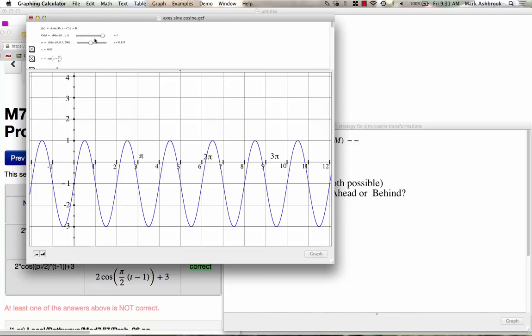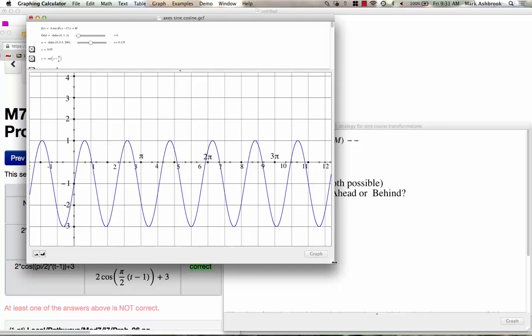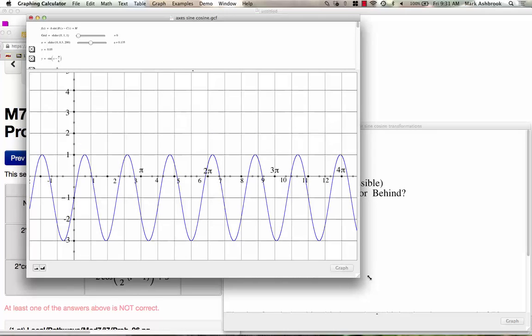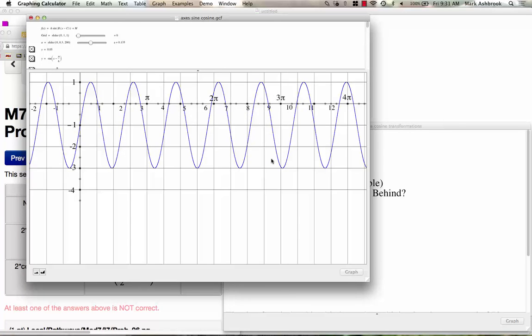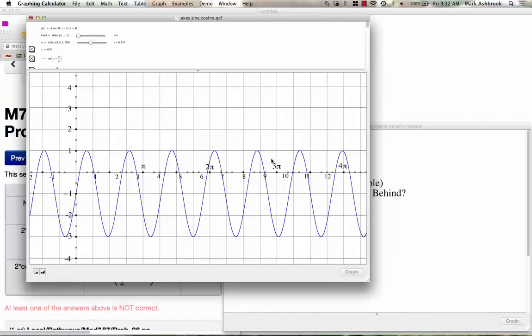All right, so here's the graph you're going to write both as a sine and a cosine. So when you look at this, is this graph modeling the vertical height of something or the horizontal position of something? No, it could be either. You can't tell.